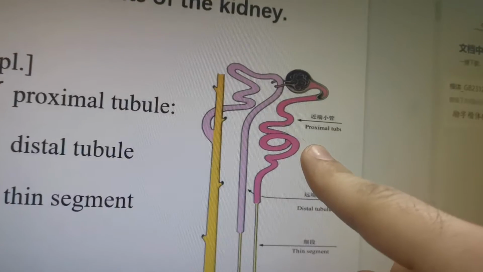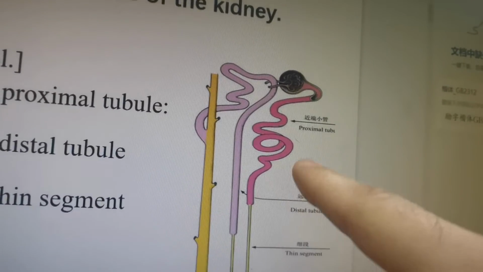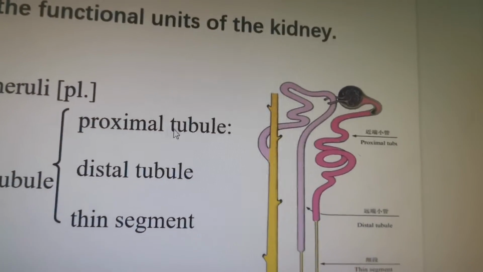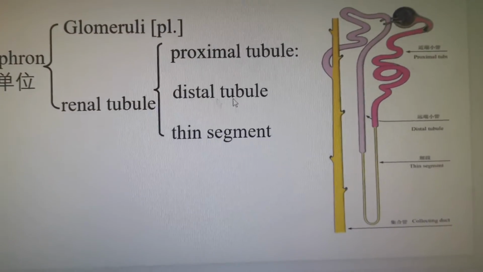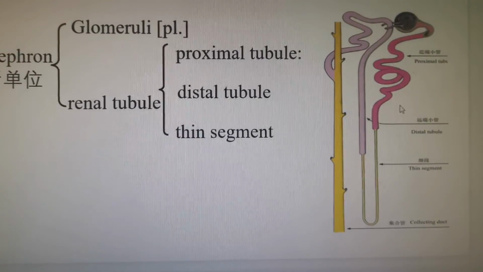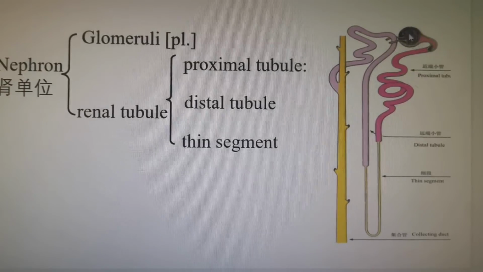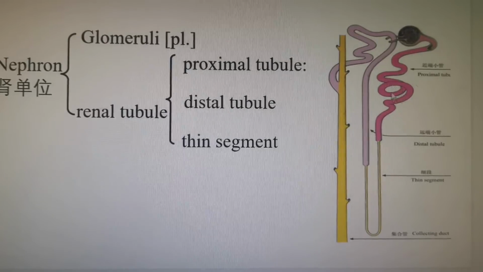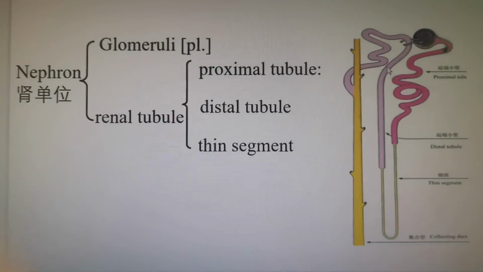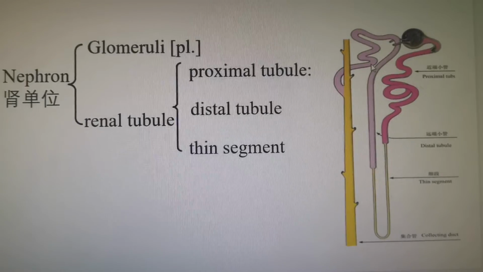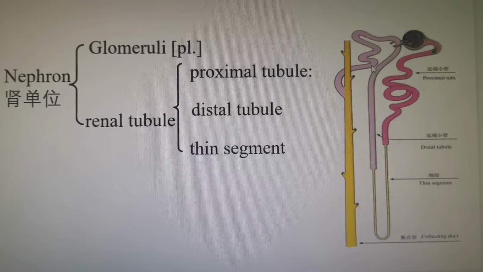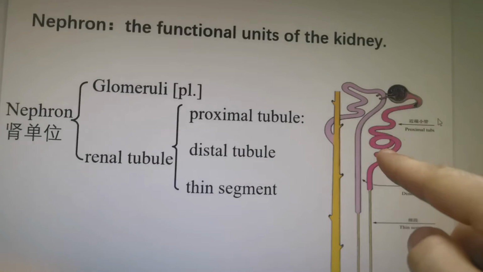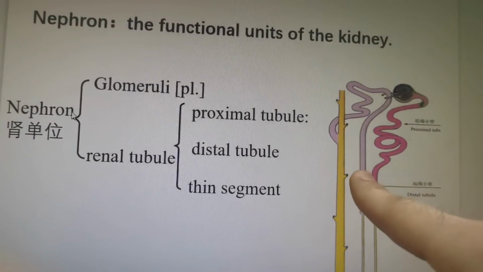The renal tubule is composed of the proximal tubule near the glomerulus, the thin segment, and the distal tubule away from the glomerulus, and lastly the collecting duct. In this picture, what's this? Glomeruli. This is the proximal tubule, this is the distal tubule, and this is the thin segment.